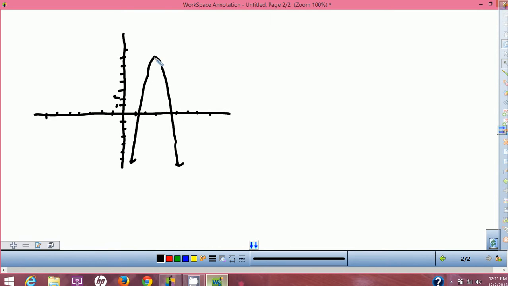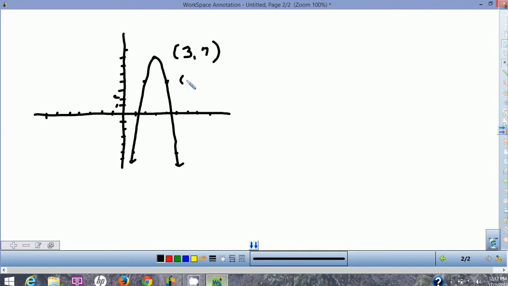And it's a little hard for you to see on your screen, so I'm going to give you a few of these points and tell you what some of these coordinates are. Make it a little easier for you to see. This vertex is at the point (3, 7), and we go through the points (2, 4) and (4, 4).